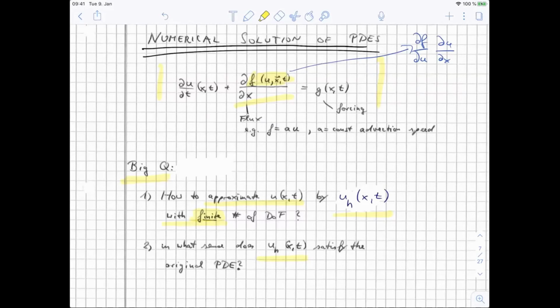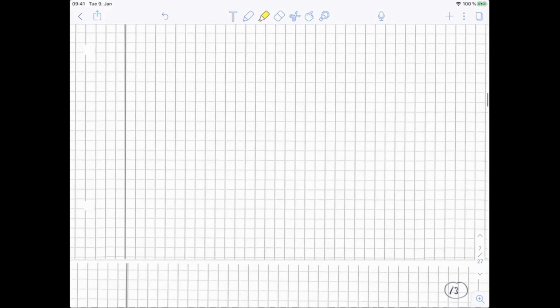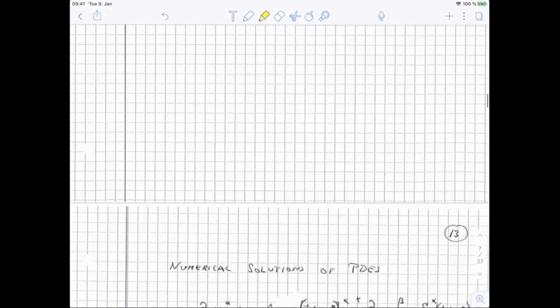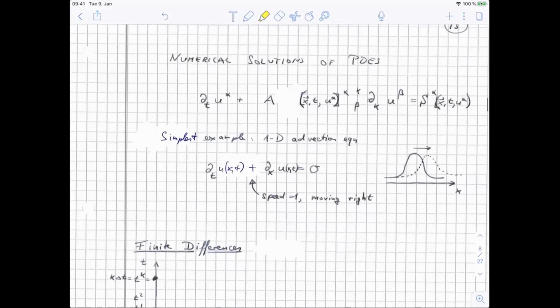So let's look at how three different methods are actually addressing these questions and what happens then. In my numerical examples, I'm even going more simple than the flux conservative form.